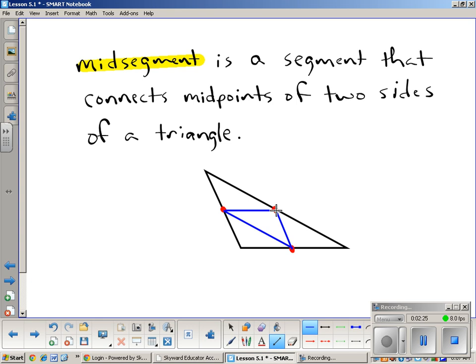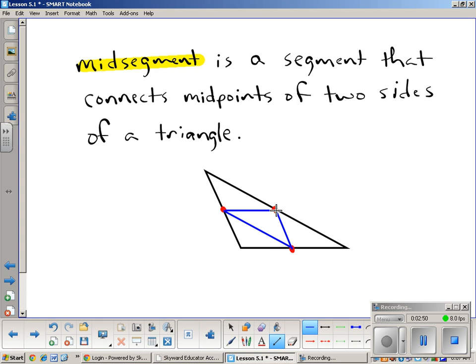So those are three mid-segments. We have three mid-segments that are connecting the midpoints of two different sides of a triangle. Okay? Any questions on that?